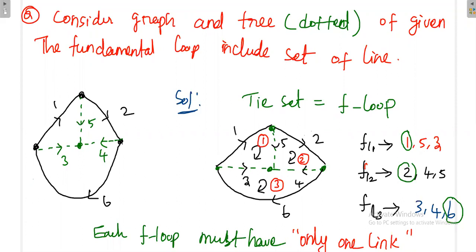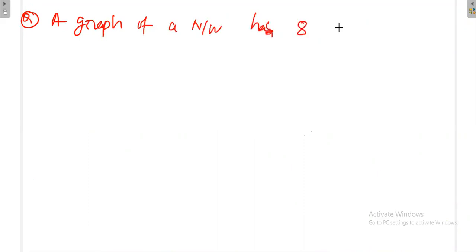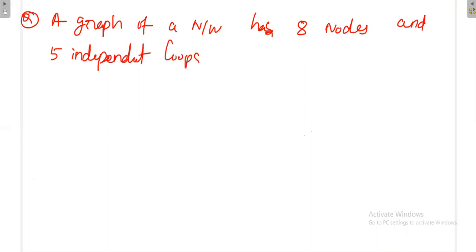Okay, so next question. A graph of a network has 8 nodes and 5 independent loops. The number of branches of the graph is?